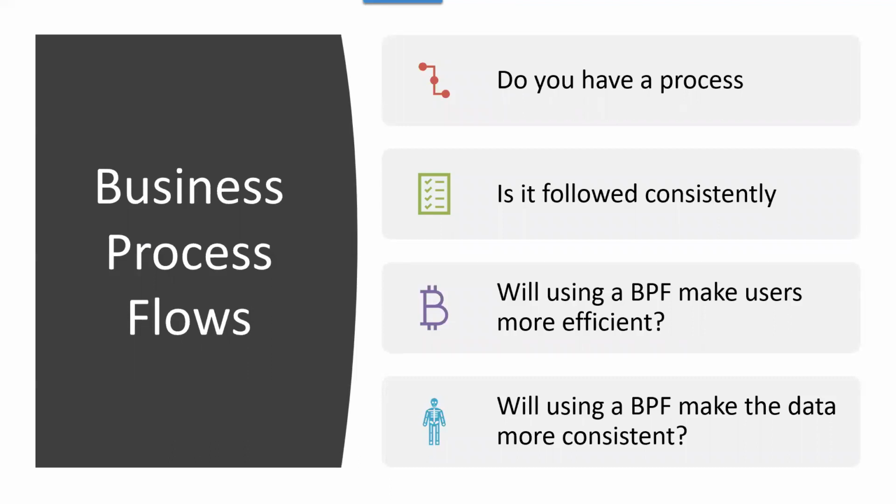Or will it make the data more consistent? That is a possibility. We want the users to be more efficient, and we want the data to be more consistent. Those are not mutually exclusive. But a lot of times the reason we put a BPF in is to make sure that the users complete the data required to move to the next stage of the operation.